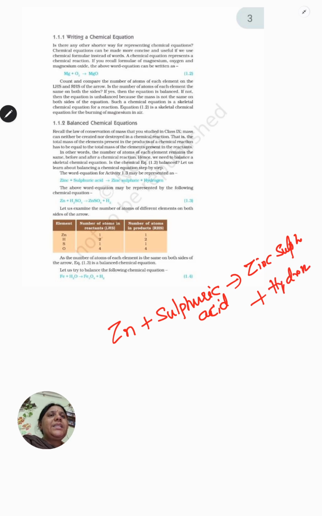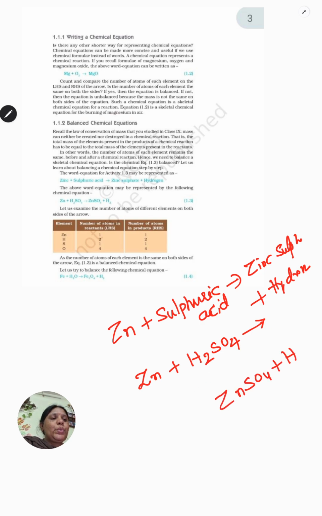We just discussed this in the second and third activity, right? If you represent this in the form of symbols: Zn plus H2SO4, which is the symbol for sulfuric acid. Both react to generate, these are known as reactants, ZnSO4 plus H2. This is our chemical equation.